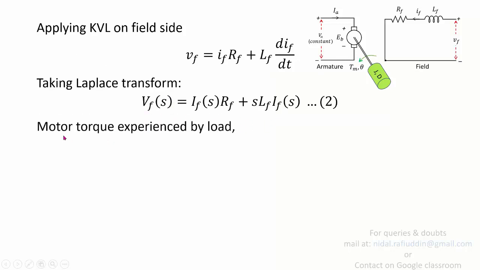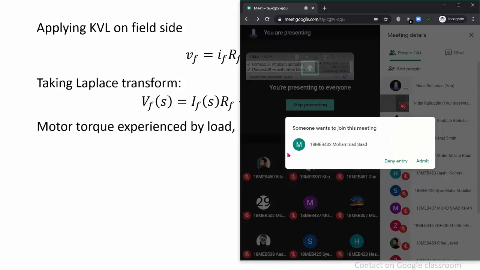And again, if you look at the motor torque experienced by this load, for this we'll be drawing the FBD of the load. Suppose that J is the moment of inertia of this load, and the torque that is being applied, developed by the motor, is Tm.